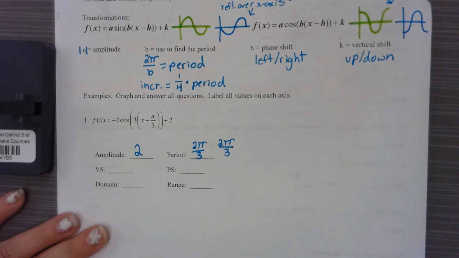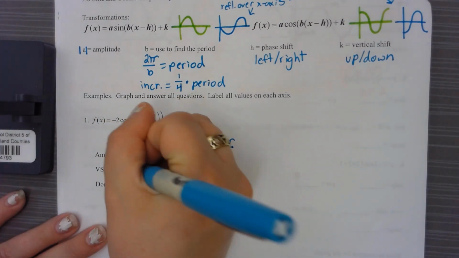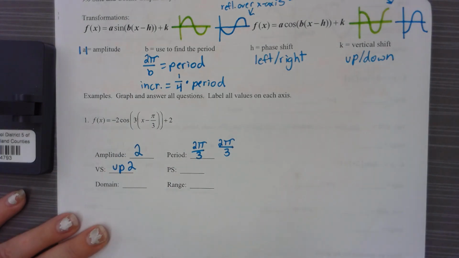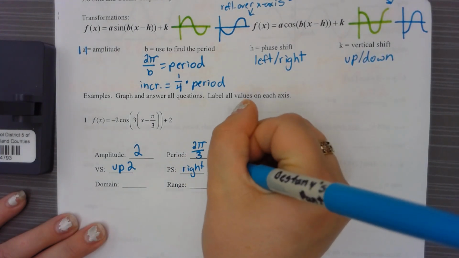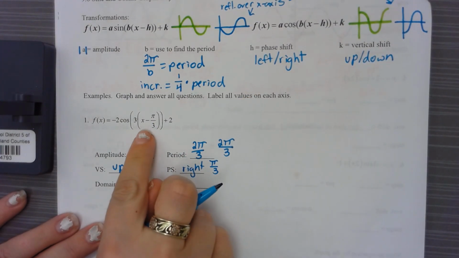So what's my vertical shift? Up 2. And then PS, that represents the phase shift. Okay, so that's moving to the left or the right. So how am I moving? To the right. I'm moving to the right, pi over 3. Right here.